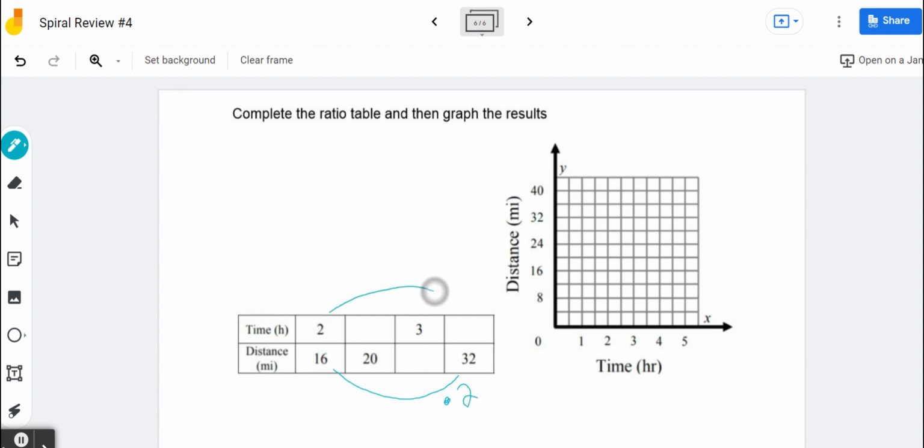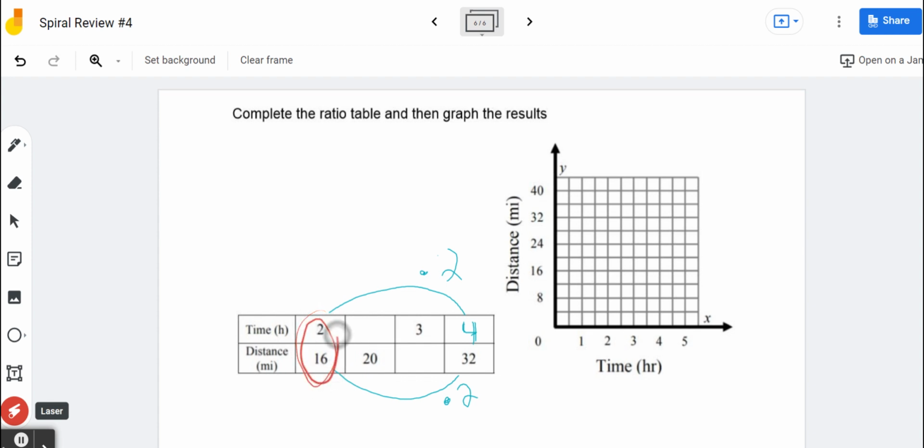Times 2. So do the same thing up here. Times 2, 4. So a lot of students are able to do that one. But remember, I told you, if there's no direct relationship, like, hey, there's no way for me to go from 16 to 20.